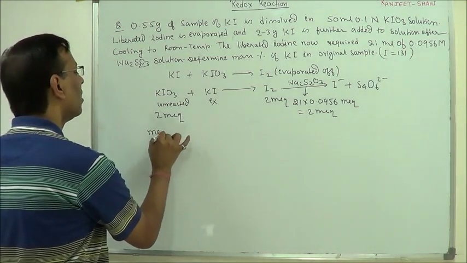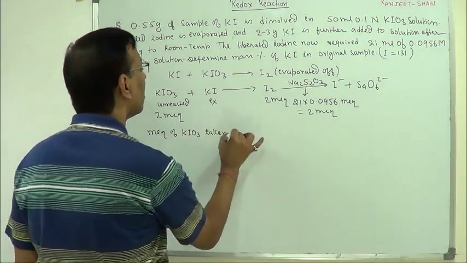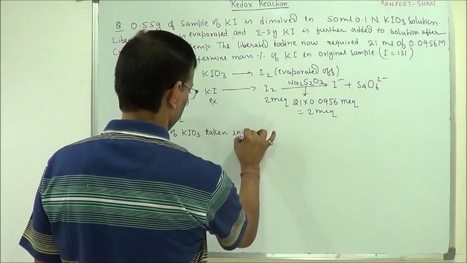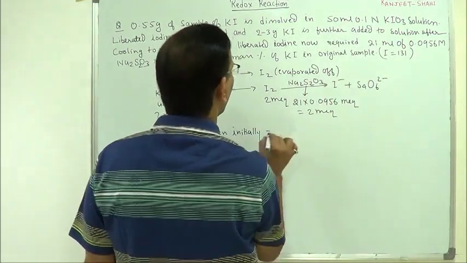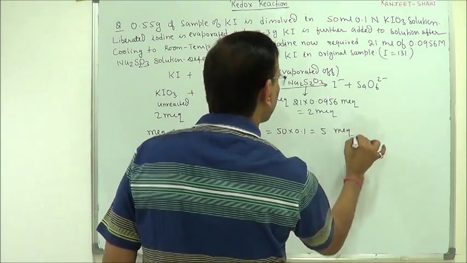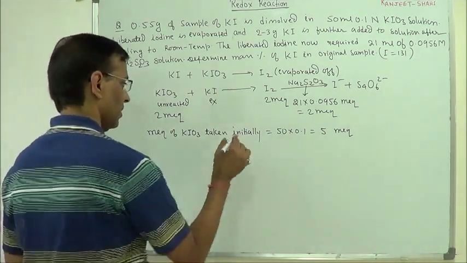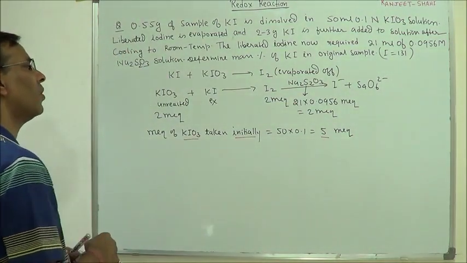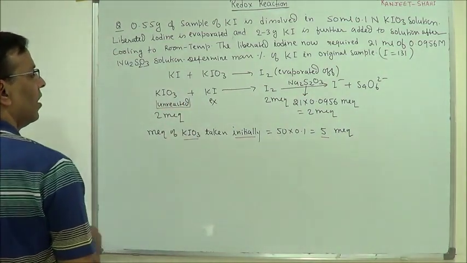Milliequivalent of KIO3 taken initially was 50 into 0.1, 5 milliequivalent of KIO3 taken initially. 5 milliequivalent. Milliequivalent of KIO3 unreacted is 2.